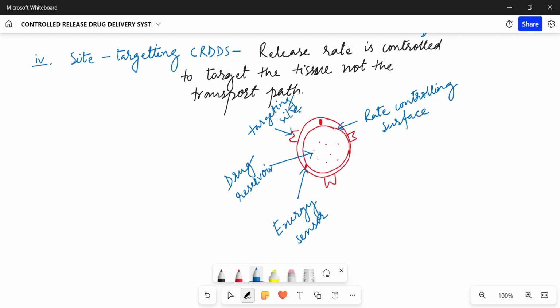Okay, so the release rate of drug is controlled to target the tissue, not the transport path or the rate controlling surface. Okay.